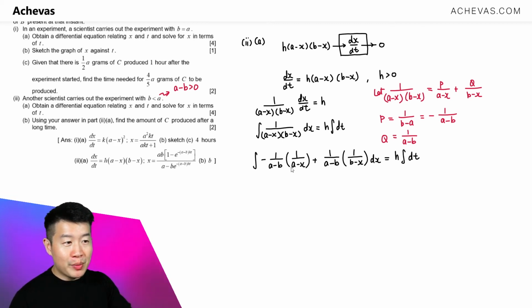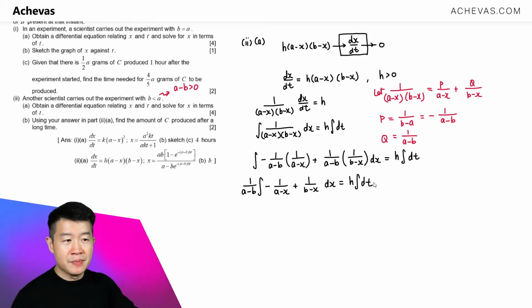And since we have already prepared for coefficients that are going to be similar, like for example this case, I can now factorize out 1 over (a minus b). So this is going to be integration of minus 1 over (a minus x) plus 1 over (b minus x) dx. This is equal to h integration of 1 dt.